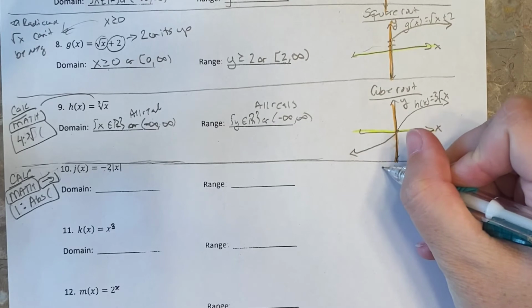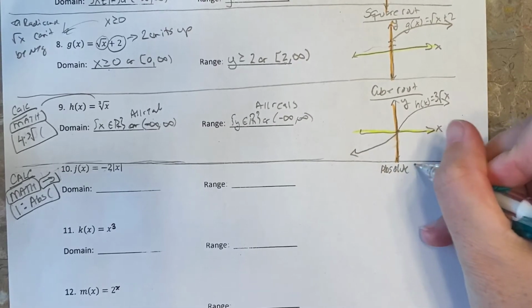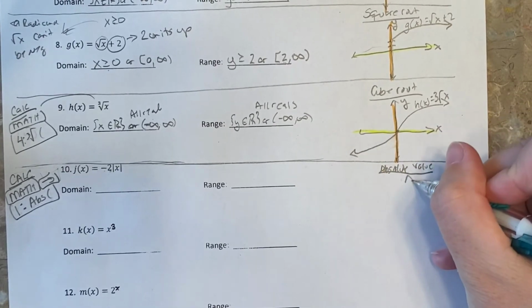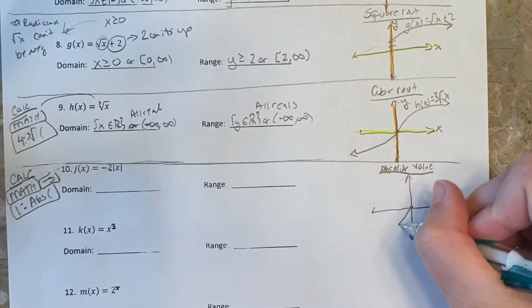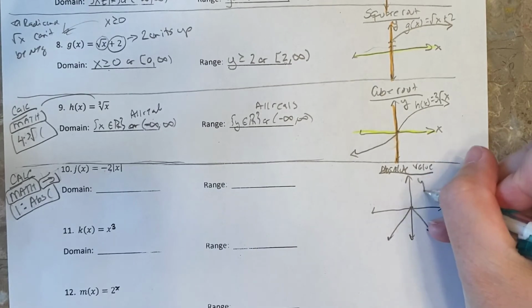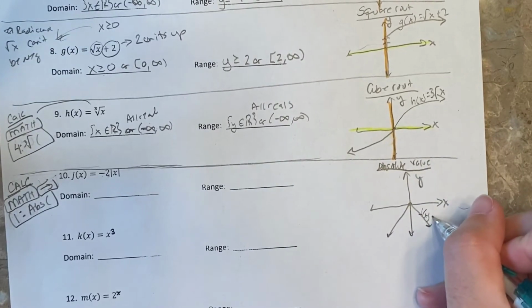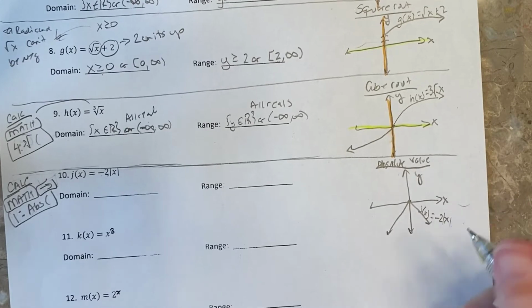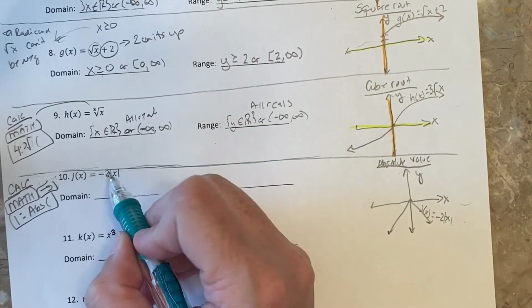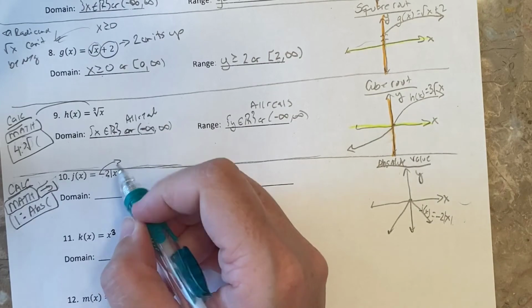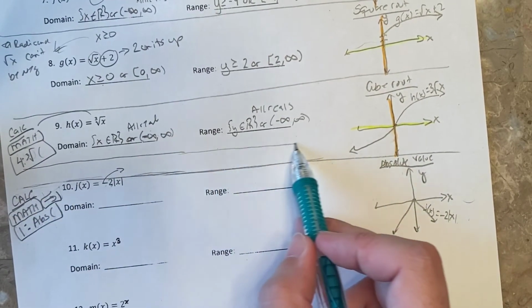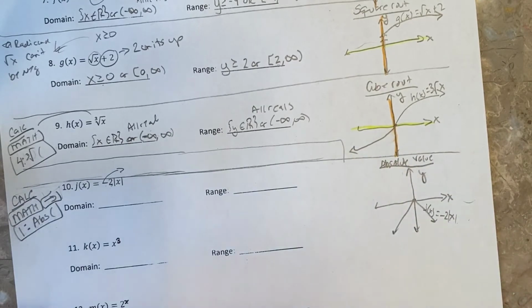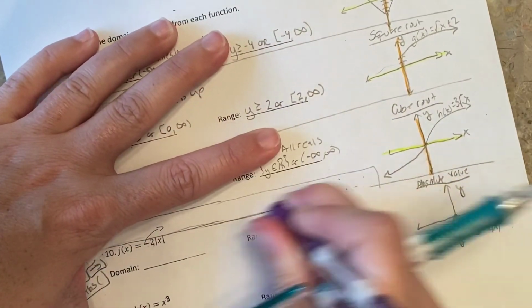Okay, so we're going to do absolute value on this one. And this one is going to be an upside down V, x, y, and this is j of x equals -2|x|. And just a little bit of notes. Let me just move this line up a little bit so I can write in this section for you.